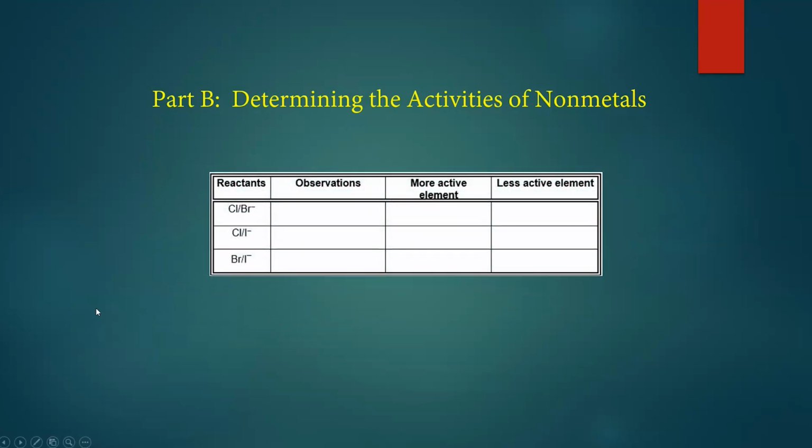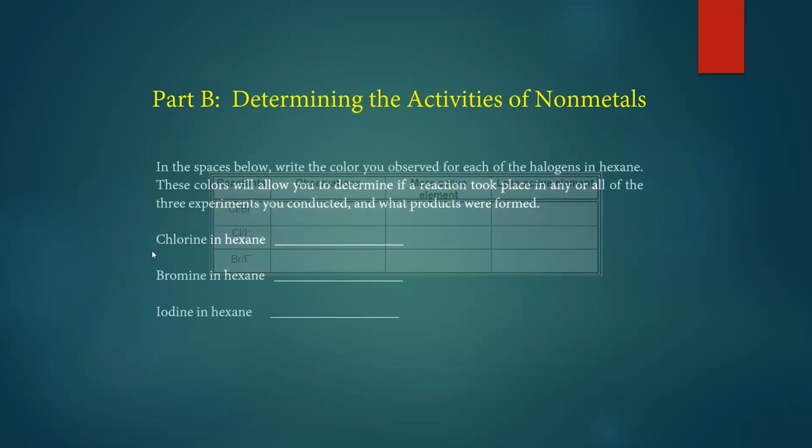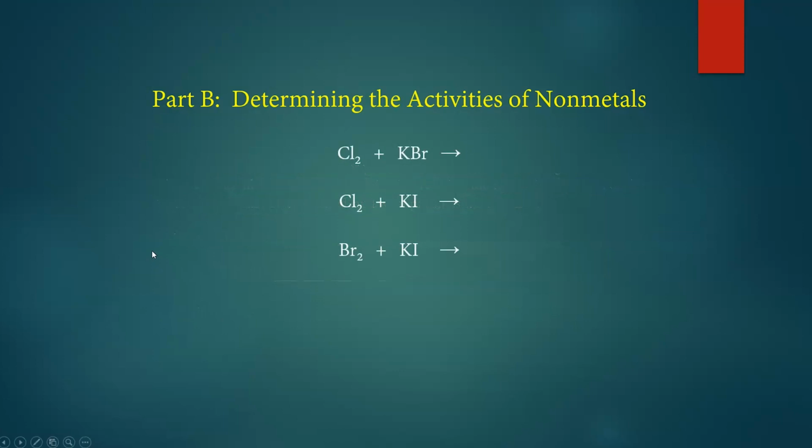Now, once you've done the reactions, your job is to figure out who's the more and less active element in each of these reactions. And to do that, you're going to want to complete these 3 reactions. So even though there wasn't a specific question in the lab, you're going to want to write these reactions out just like we did in Part A, label the charges, and figure out who was oxidized and who was reduced.